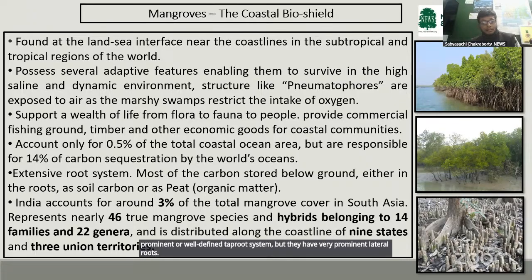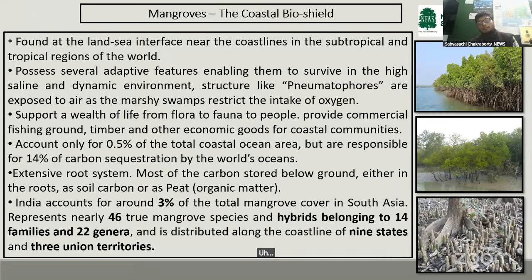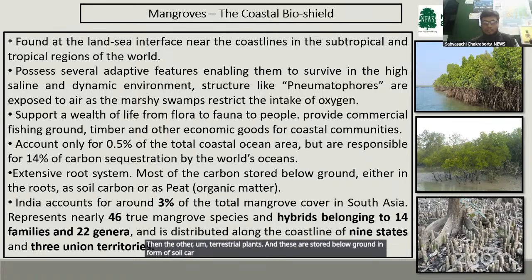They sequester carbon 4 to 5 times more than the other terrestrial plants, and this is stored below ground in the form of soil carbon or organic matter.